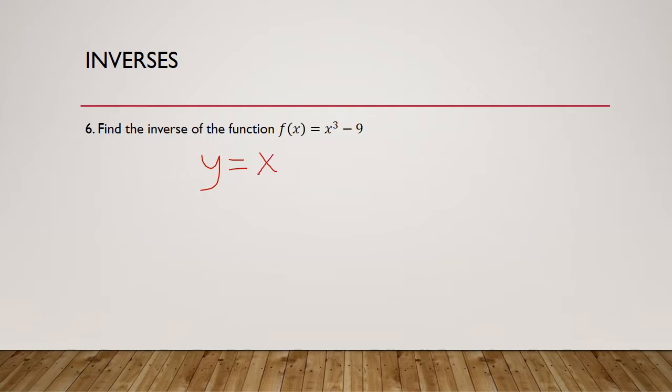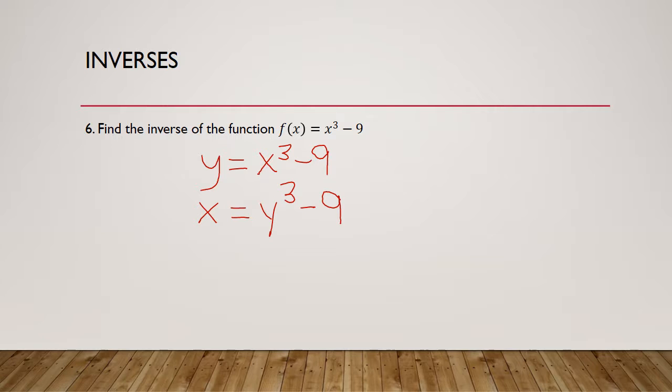So I have y equals x cubed minus 9. And then step 2 was to let your x's be y's and your y's be x's. So instead of writing y equals x cubed minus 9, I'm going to write x equals y cubed minus 9. So I interchange my x's with my y's.